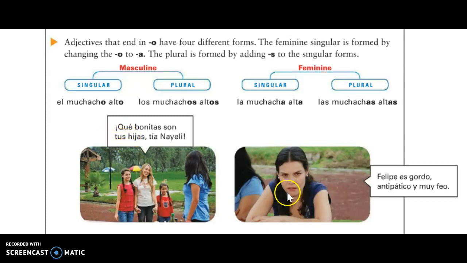Okay, and then we have this lovely scene where Jimela is expressing how much she dislikes her brother Felipe, and she says, "Felipe es gordo, antipático y muy feo." And you're about to find out what these 3 adjectives mean in the next section.